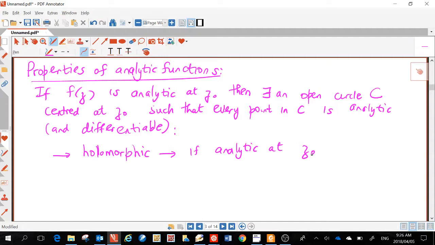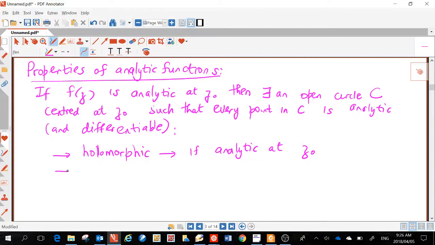Holomorphic, analytic, differentiable mean the same thing. Holomorphic means satisfies the Cauchy-Riemann equations. Then the additional fact we learned was that such functions, each part, the real and imaginary parts, are harmonic. We learned that as an additional fact.